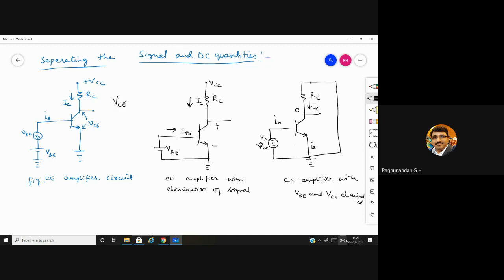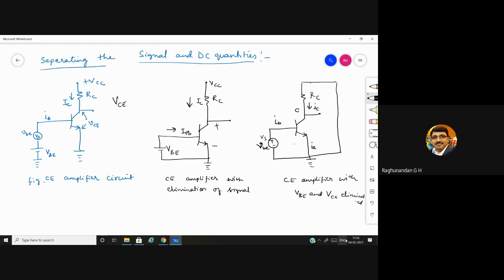Coming to the first part of the circuit, where we have the CE amplifier circuit, we have already discussed that AC and DC both are necessary for amplifying a signal. AC is necessary because that is the signal which we are going to amplify.